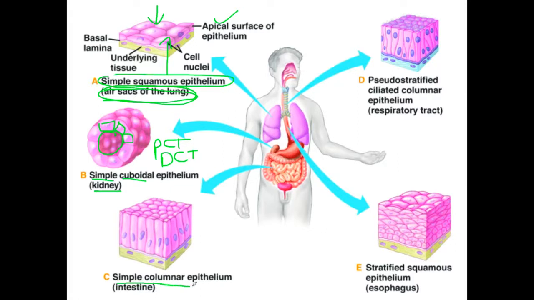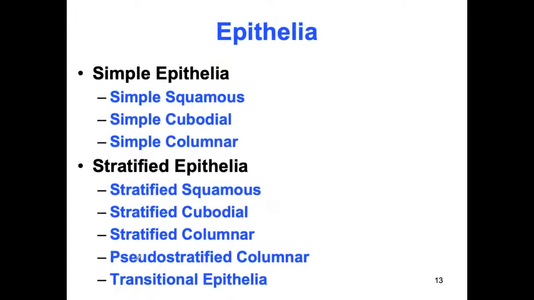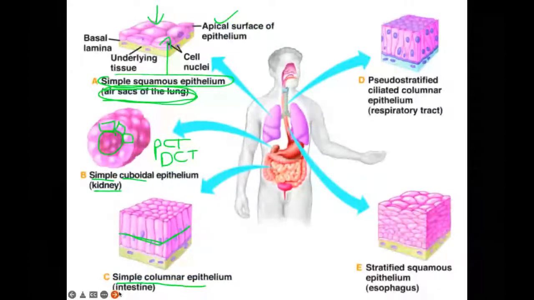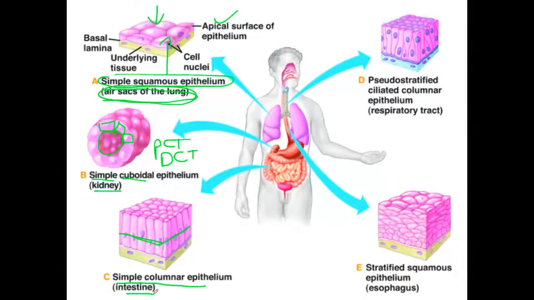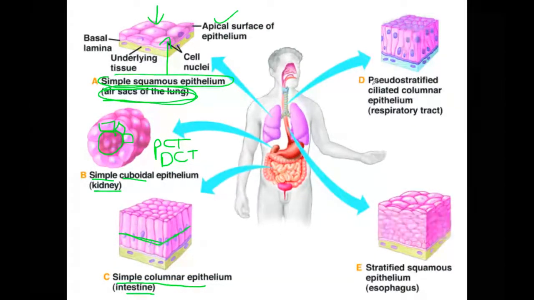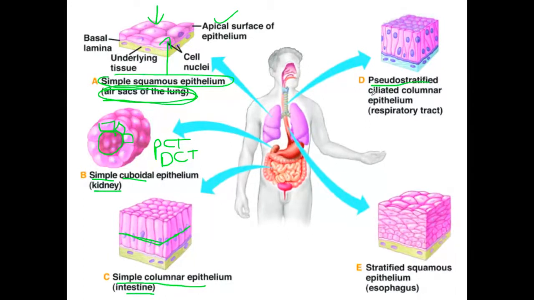Simple columnar epithelium, these are pretty much at one level, those nuclei. They're going to be found in the digestive tract. Whoop, let me go back here. In the intestines, the digestive tract. Pseudo stratified ciliated columnar epithelium, that's the respiratory tract. We could see those little hairs, those microscopic cilia over here.